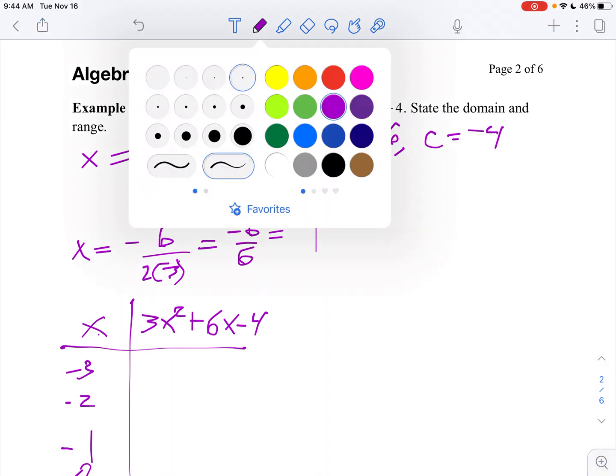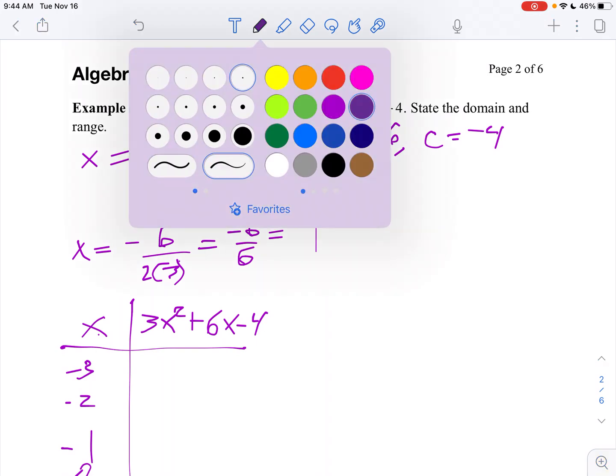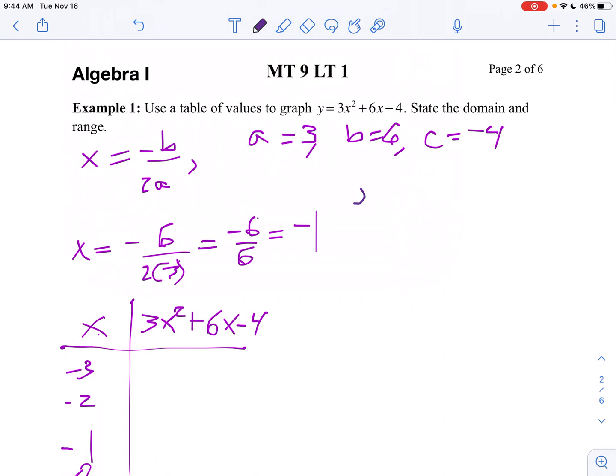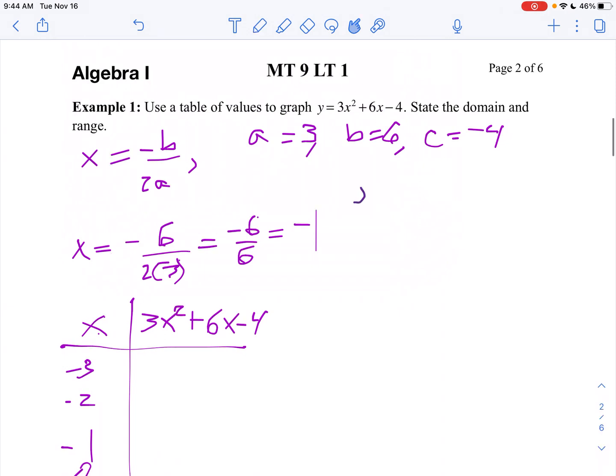I'm going to change colors here so you can see what's going on. So I'm going to take 3 times negative 1 squared, replace the x with parentheses, plus 6 times negative 1, and then minus 4.